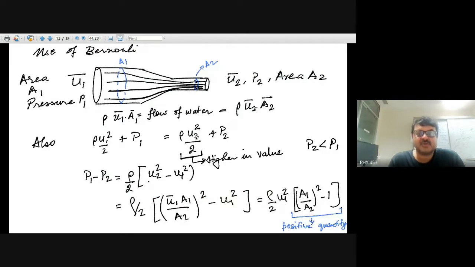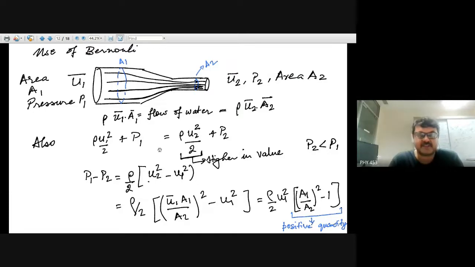Right? Now u2 and u1, you know the relation. That's related in terms of A, correct? Then you automatically know the pressure drop because you can write P1 minus P2 or P2 minus P1, right? And if you know one of these, suppose you know U1, then you know U2, and correspondingly you know the pressure drop, right?